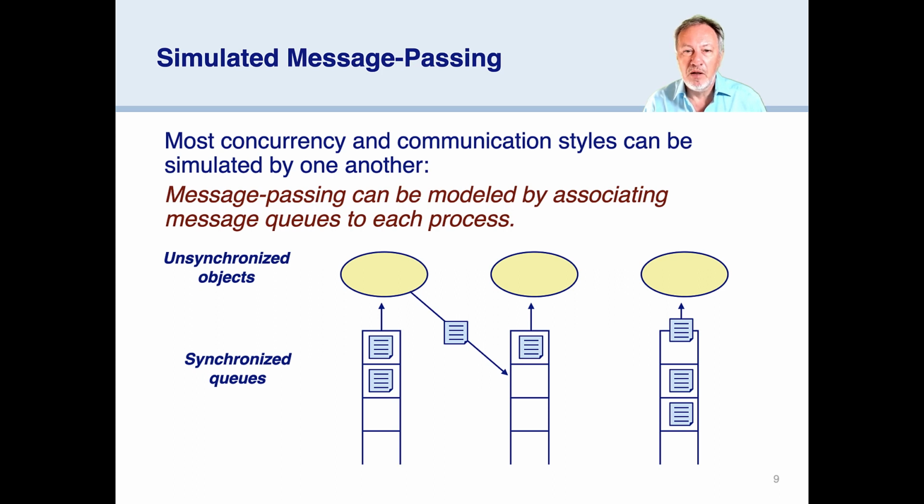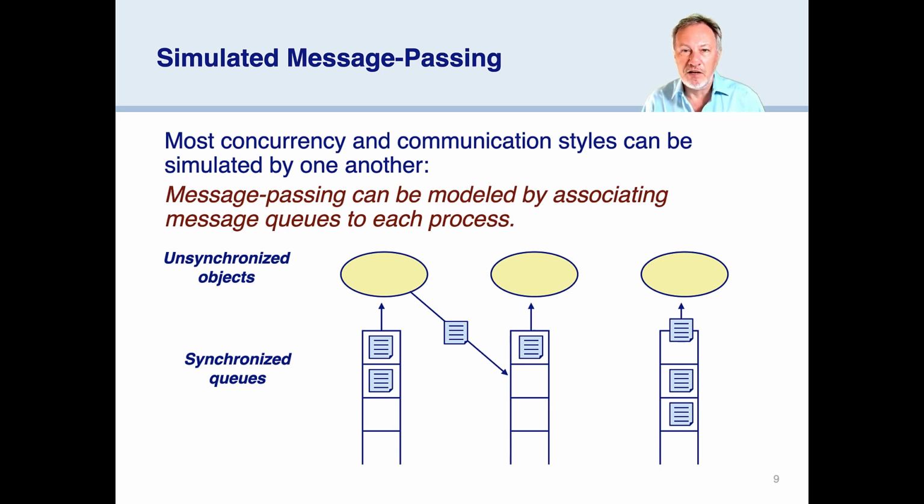For example, message passing can easily be simulated or modeled by associating message queues to each process. Now the message queues are the shared resources, and each process is either consuming messages in the queue or it needs to put a message in a queue.